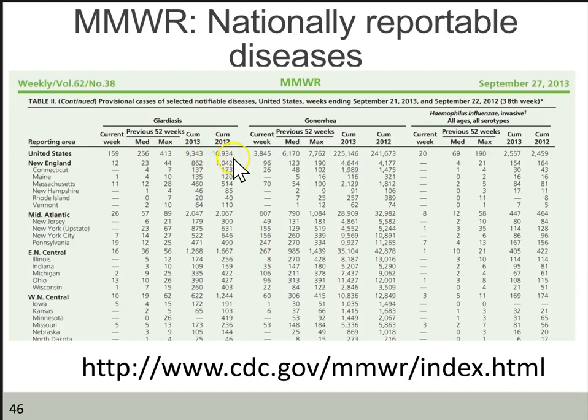a total of 10,934 cases of Giardia in the United States in 2012. In 2013, there were 9,343. So there was a decrease in Giardia from 2012 to 2013. And you can see the number of cases for each individual state.